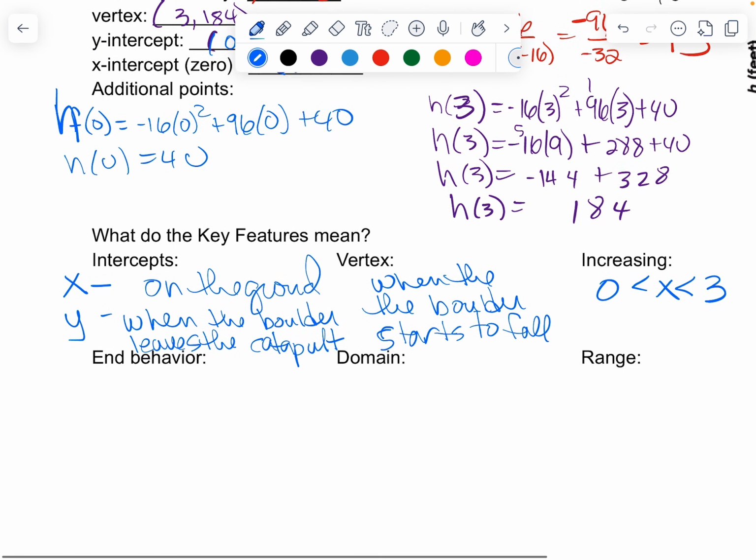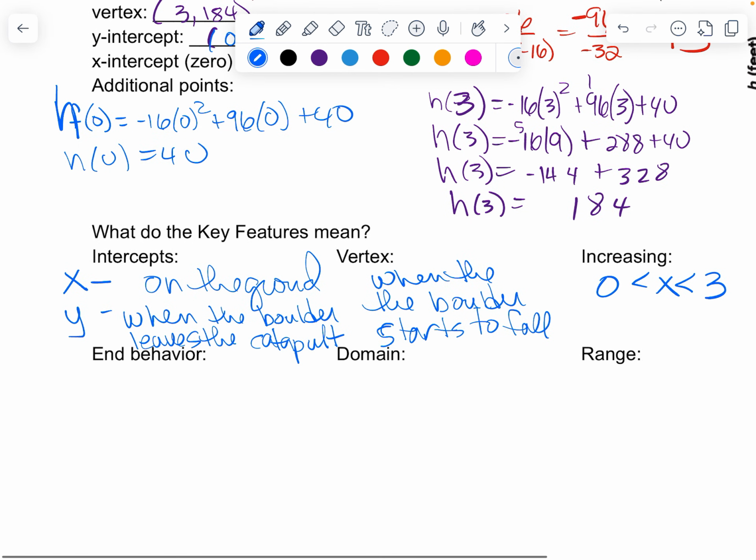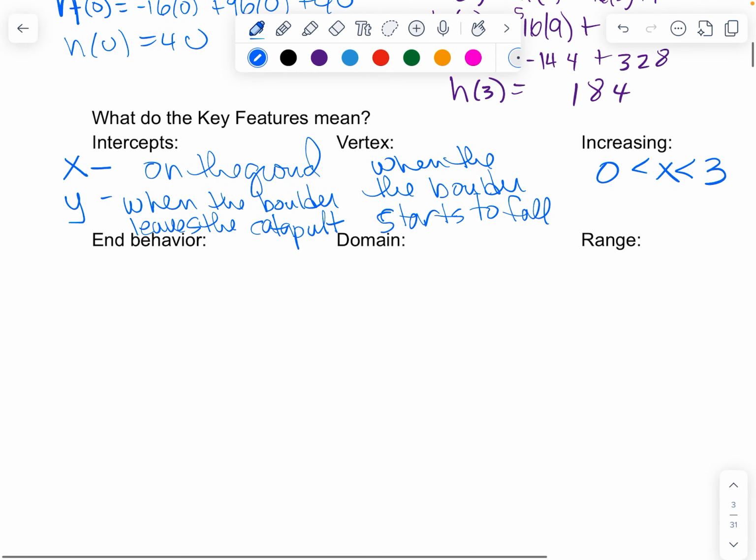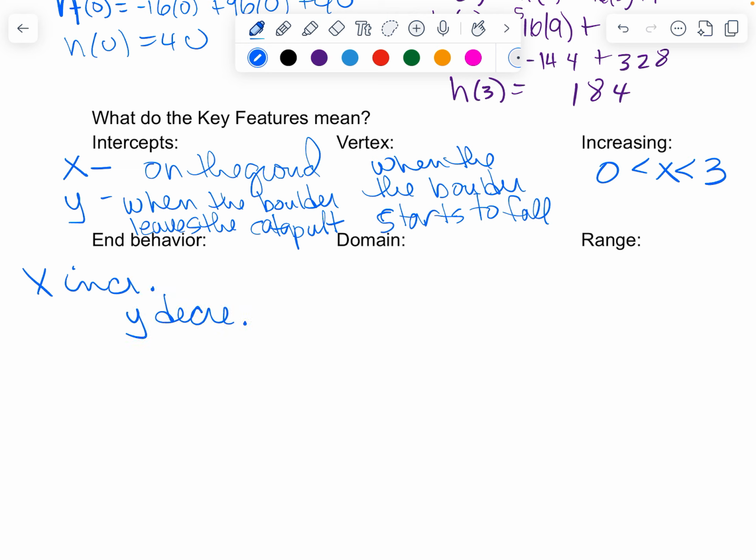Okay, what is my end behavior? So as x increases, y decreases. As x decreases, y decreases, because it's upside down.